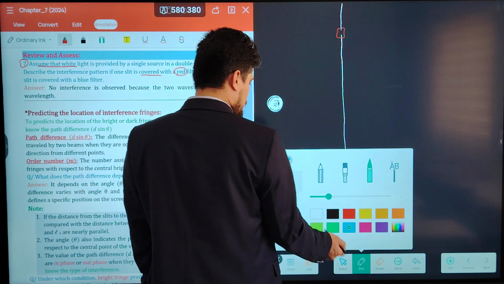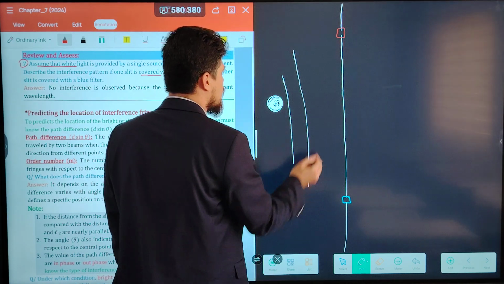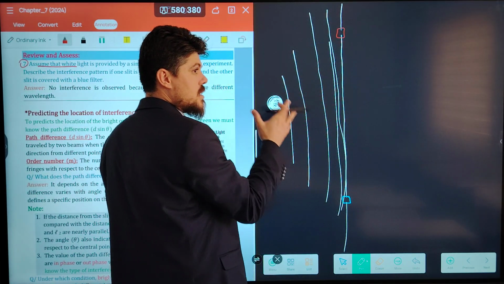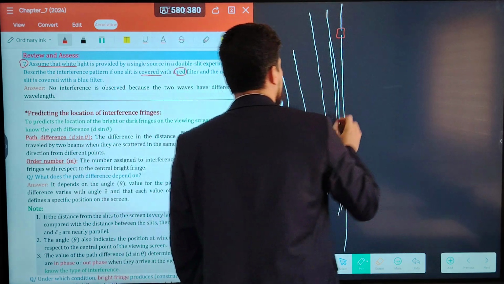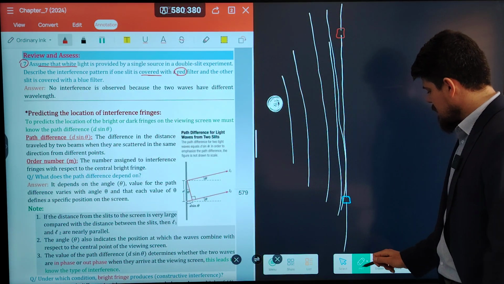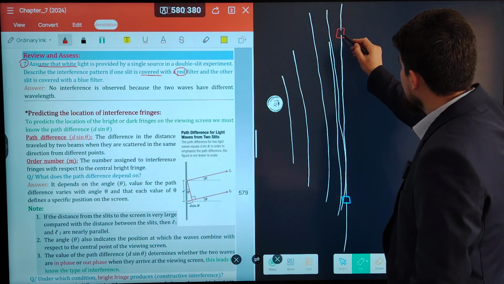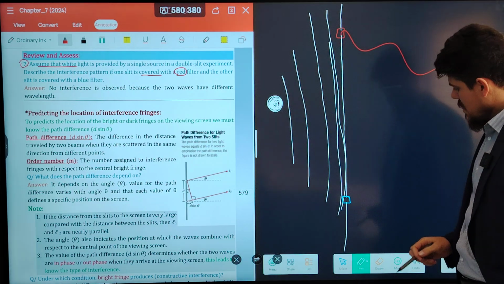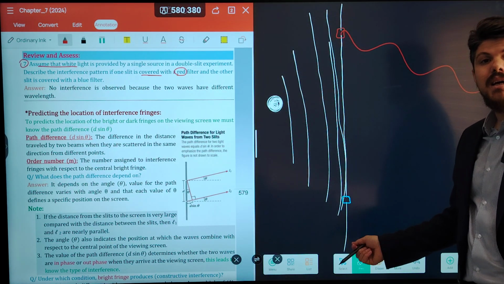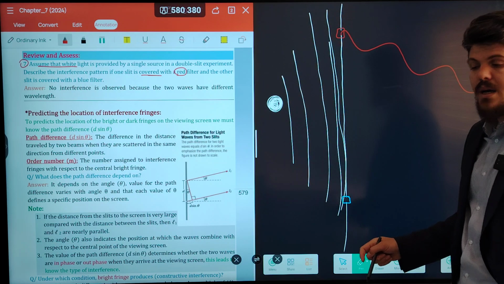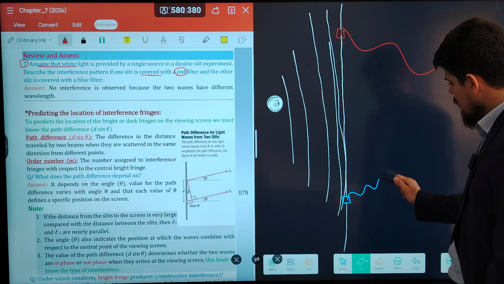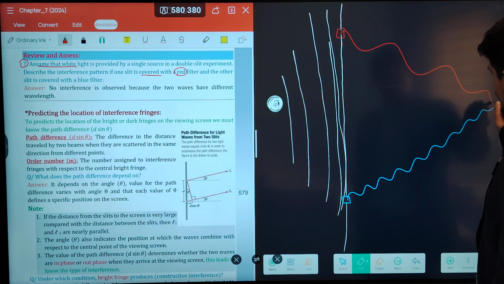As you know, when white light passes through the red filter, because this light contains seven colors, only red light emits from this slit. And for the other slit covered by a blue filter, only blue light emits.